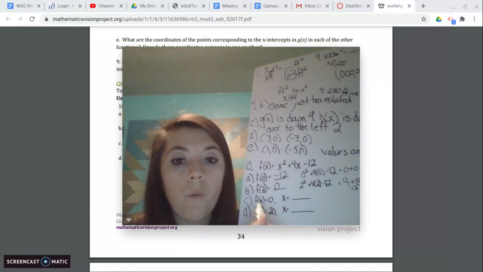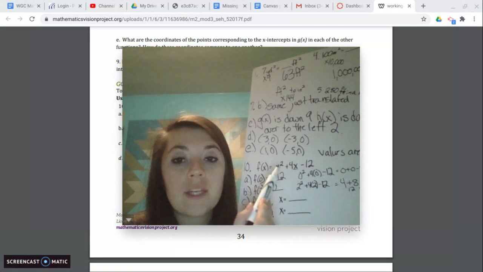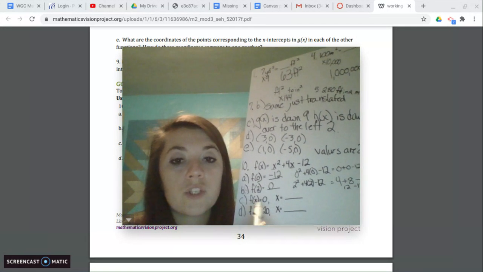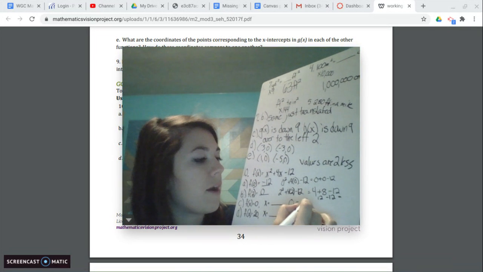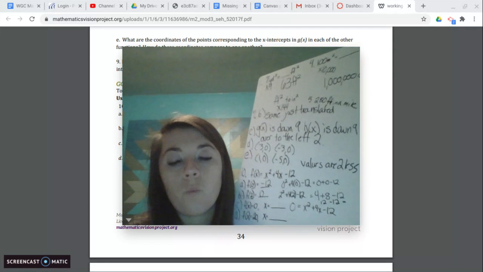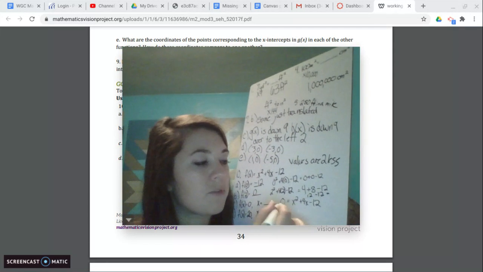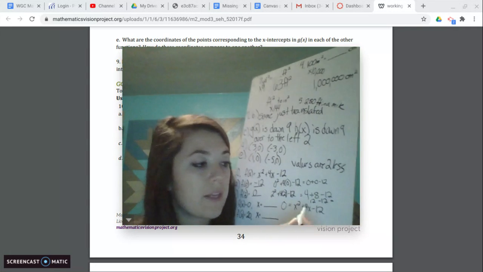Now, for C and D, it's a little different. This time we know what the function equals, so we know what the f of x is, and we need to find what the x values are. So we set it equal. So you're going to have 0 equals x squared plus 4x minus 12. Now, we can't just subtract or add the 12 over and then solve. You want to use factoring on this.